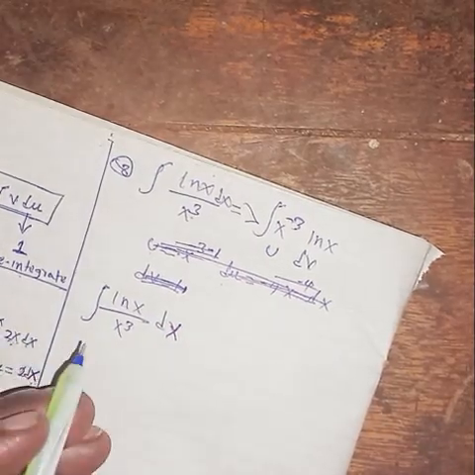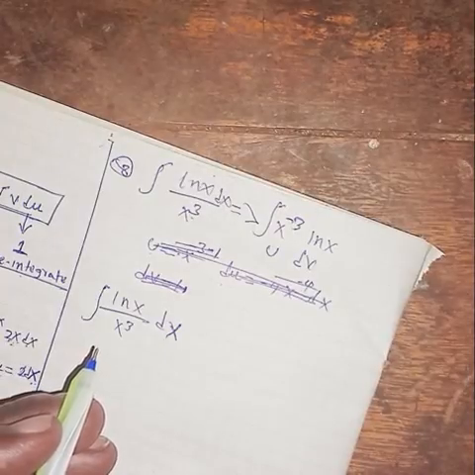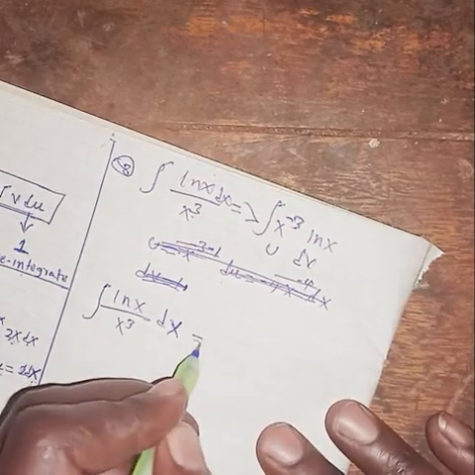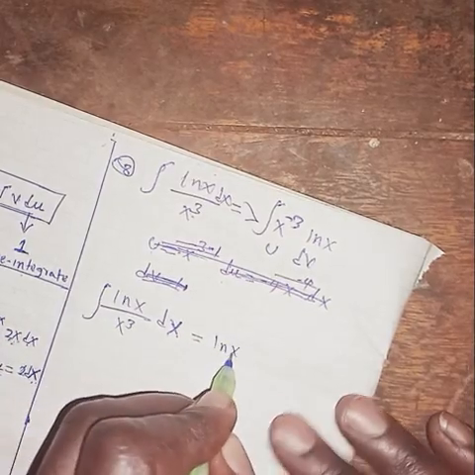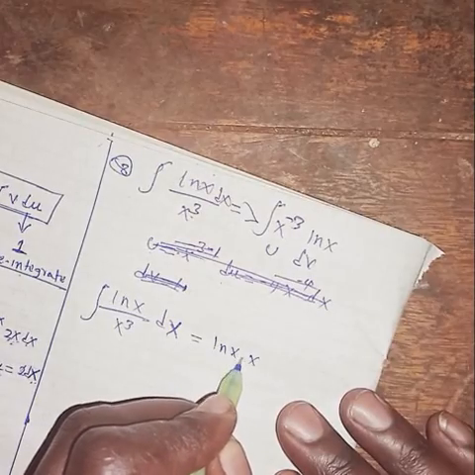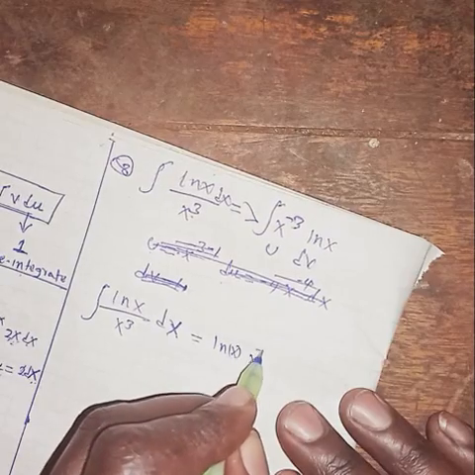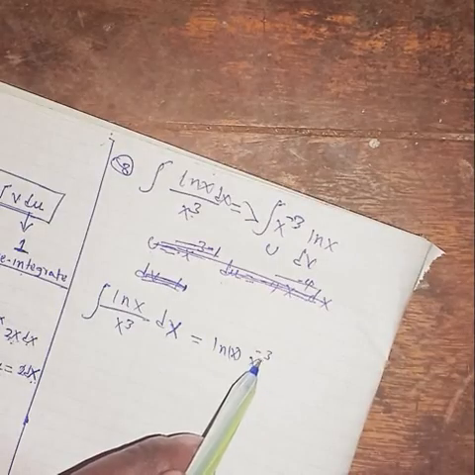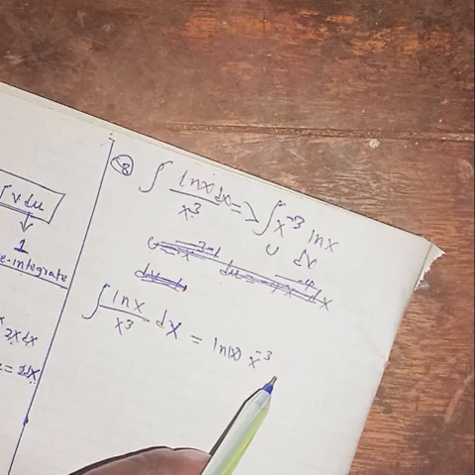So look at here. When you rearrange this function, it will look like ln x times x negative 3.